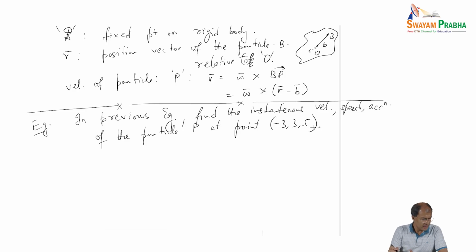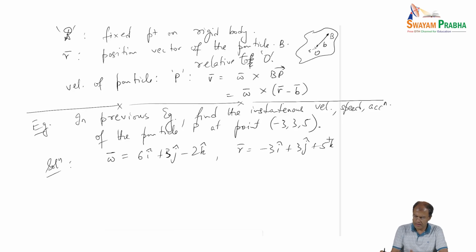In the previous example we found that our angular velocity omega was 6i plus 3j minus 2k, and r was equal to -3i plus 3j plus 5k.